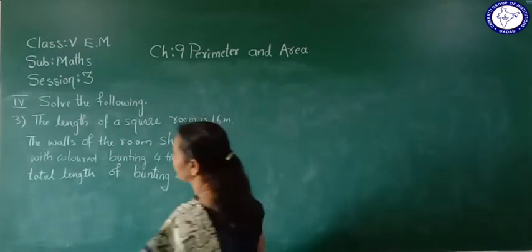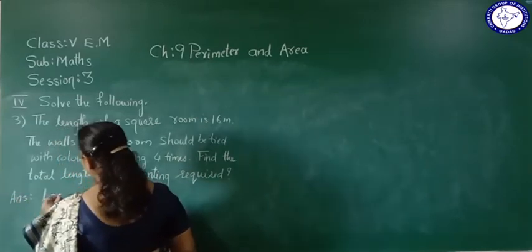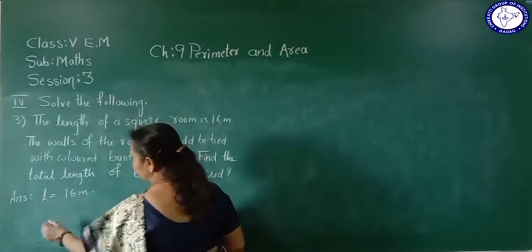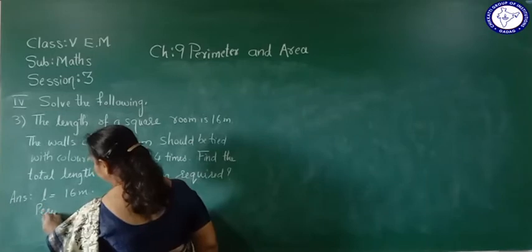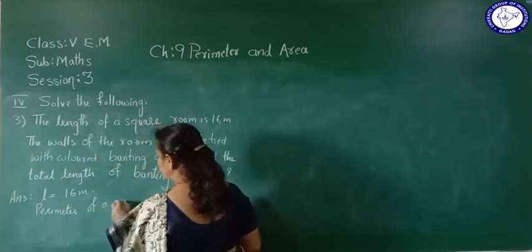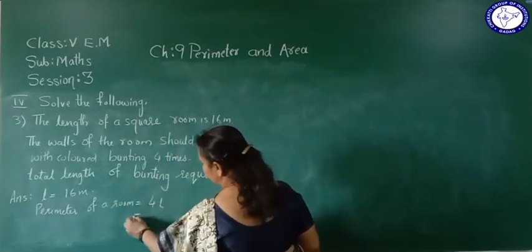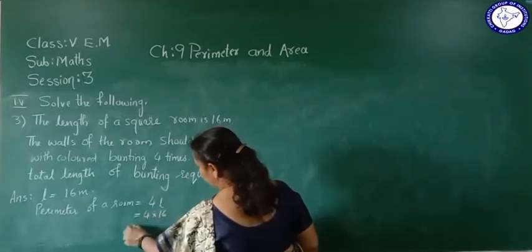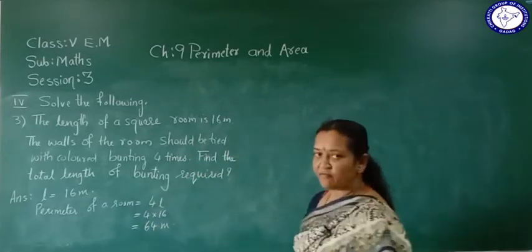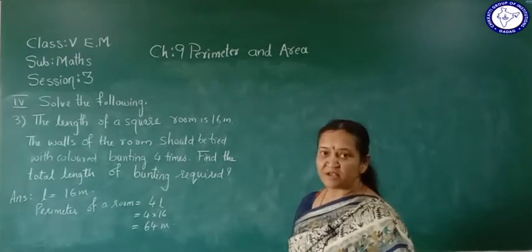So here length of a room is given 16 meter. Therefore perimeter of a room is 4L, which is equals to 4 into 16. Now 16 4s are 64 meters. So for one round of decoration, for one time, we require 64 meter.